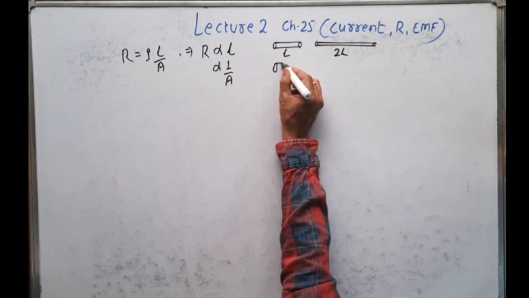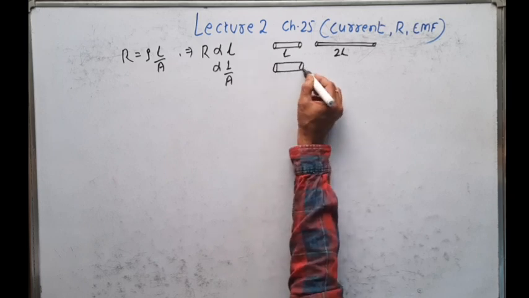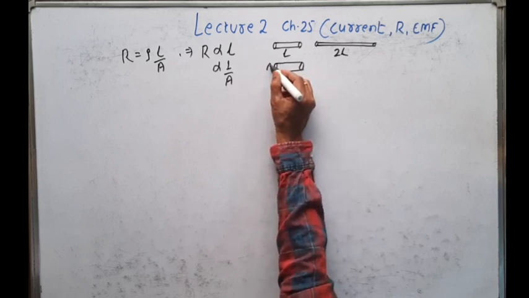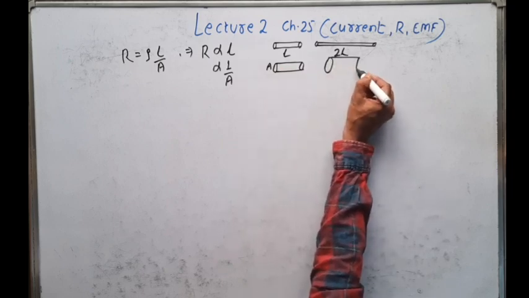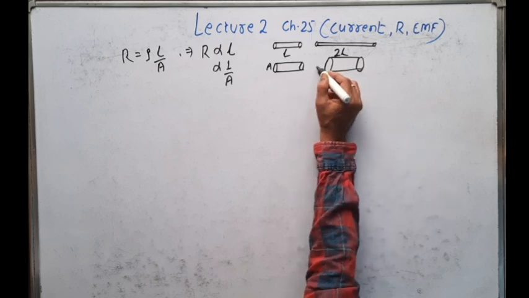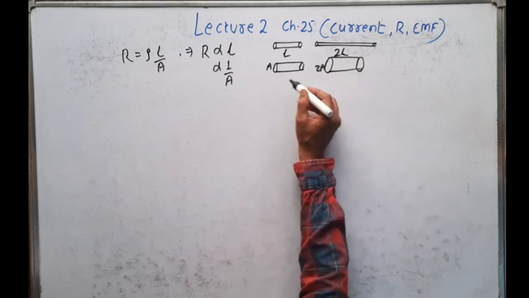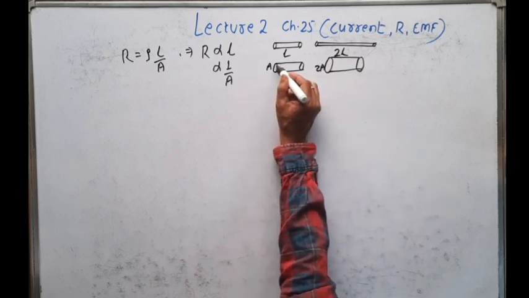Suppose this is a conductor. This is the area of cross section A. Now I will increase the conductor area by 2 times. So what will happen? Here the area is less, so less number of electrons per unit time will pass.